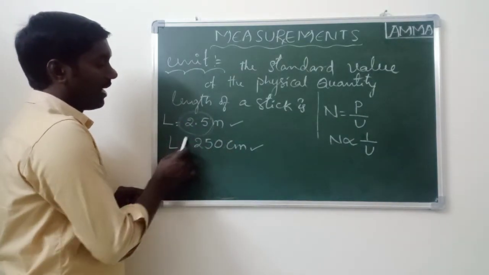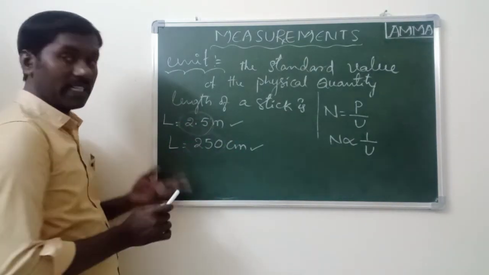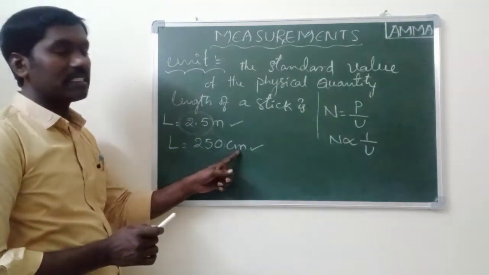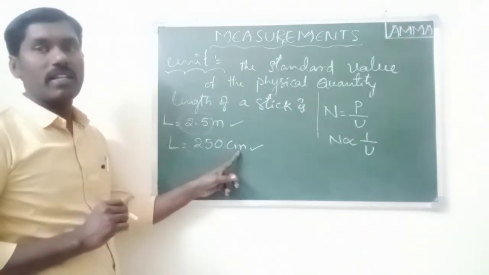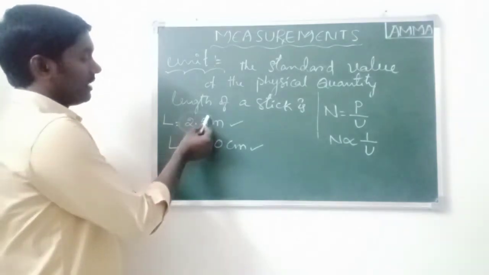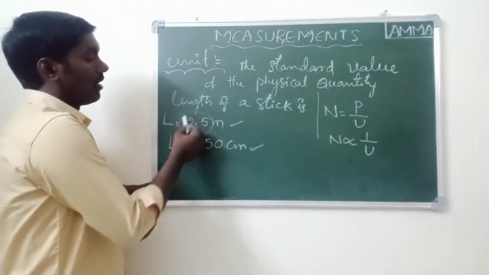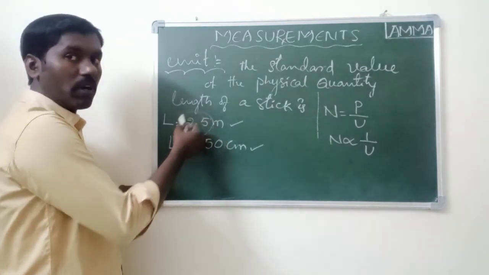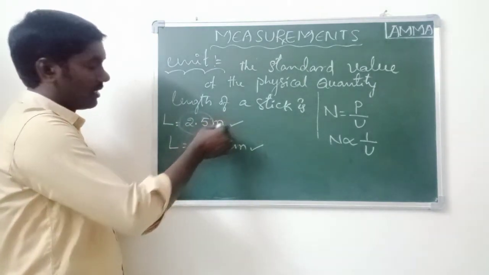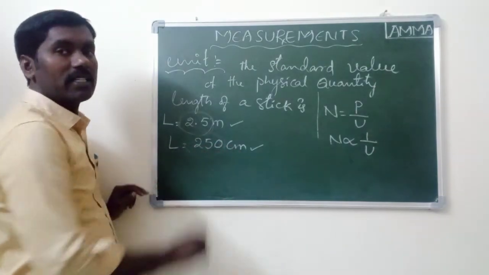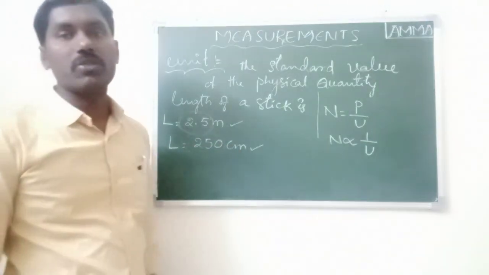Here the magnitude increases, but the centimeter is the smallest unit of length. So here a greater value goes with a smaller unit. So these two are inversely proportional to each other.